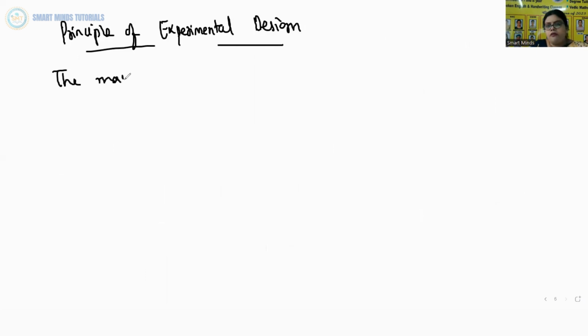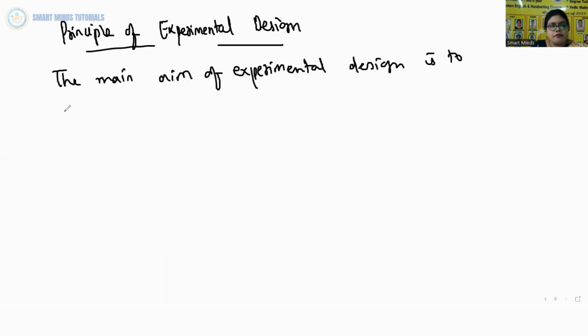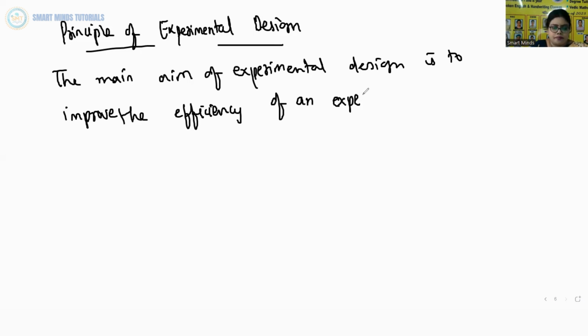The main aim of experimental design is to improve the efficiency of an experiment and to decrease the experimental error.